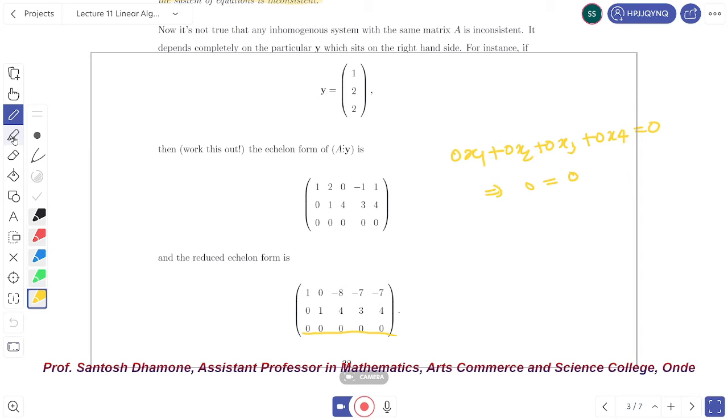This looks like the solution to the homogeneous equation found in the previous section except for the additional scalars minus 7 and 4.